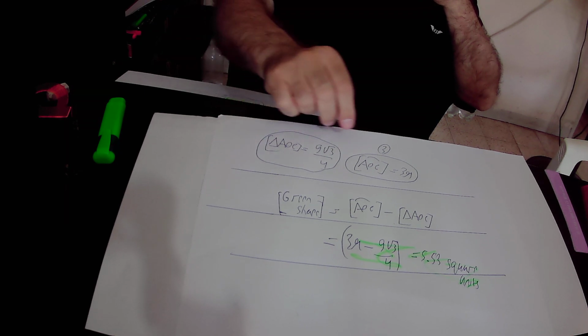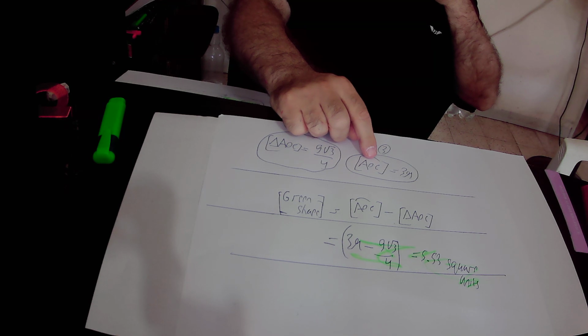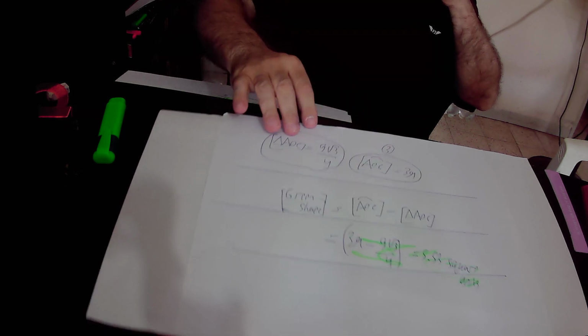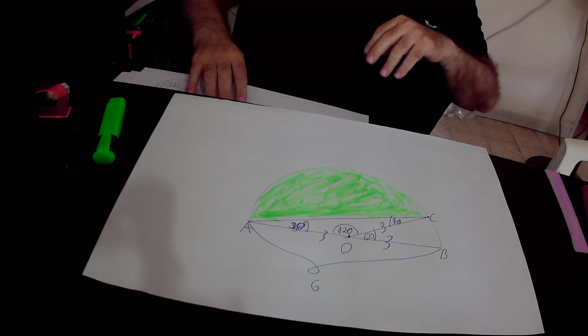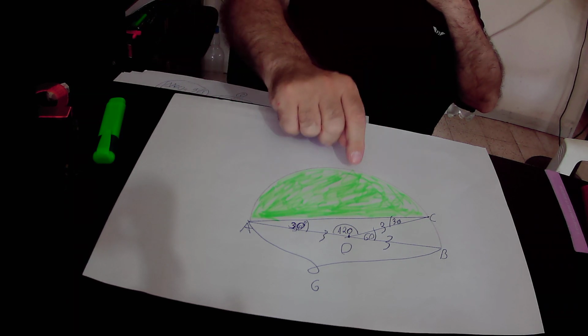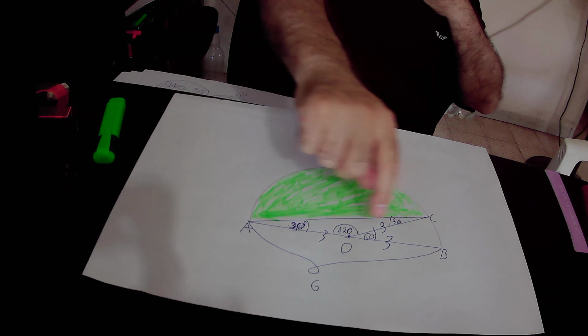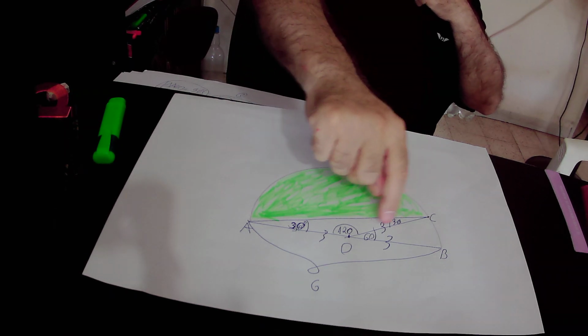We have already found that the area of sector AOC equals 3 pi square units. But what is actually the area of the green shape? The area of the green shape equals the area of sector AOC minus the area of triangle AOC.